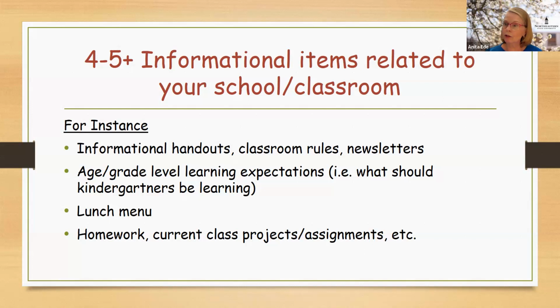What should all kindergartners be learning? If this is a parent's first child, well, my goodness, unless they're teachers, how would they know what kindergartners are supposed to be learning? You'd have no idea. Lunch menu would be a great thing to include. Homework, current class projects, assignments, etc., etc., etc. So 4 to 5 informational items related to your school or classroom.